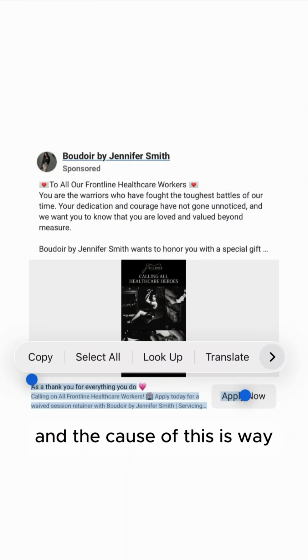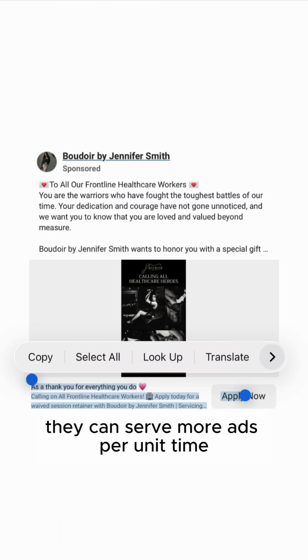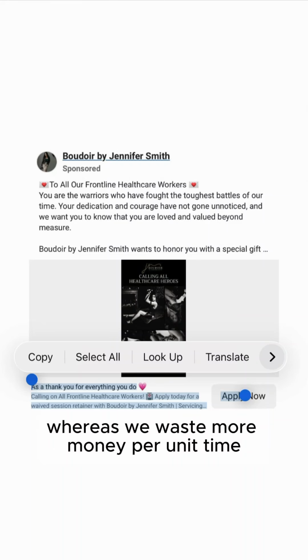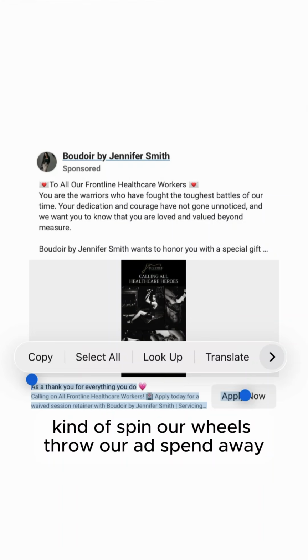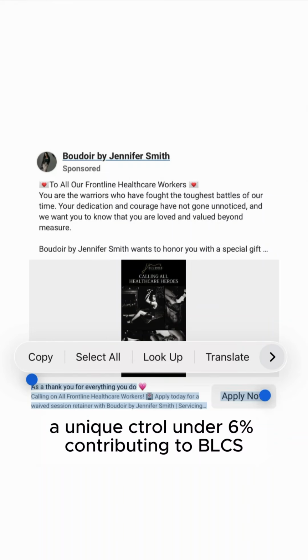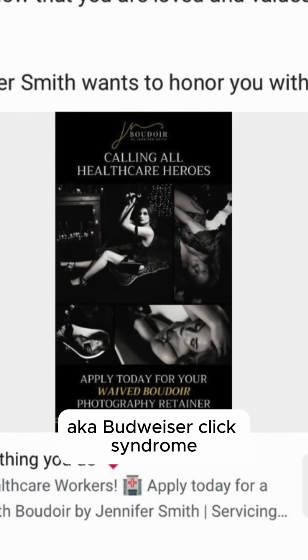And the cause of this is way more women scrolling by our ad than necessary, which Facebook likes because they can serve more ads per unit time and earn more money, whereas we waste more money per unit time, kind of spin our wheels, throw our ad spend away. So this will contribute to a unique CTR all under 6%, contributing to BLCS, aka boudoir low click syndrome.